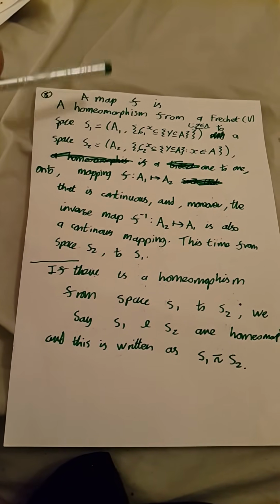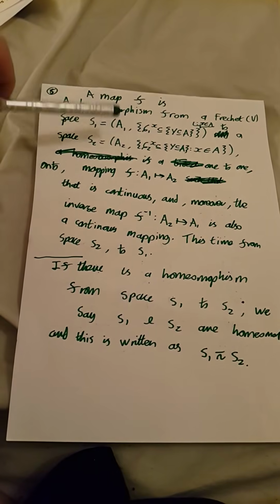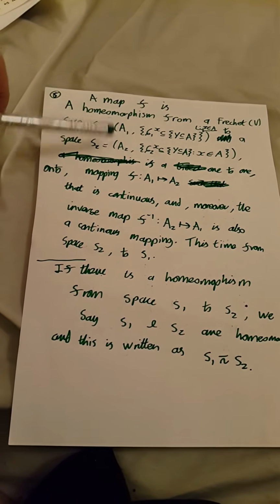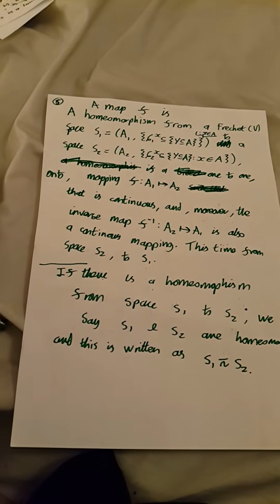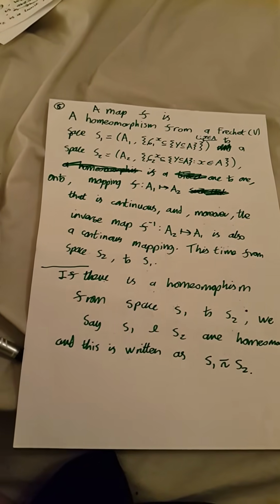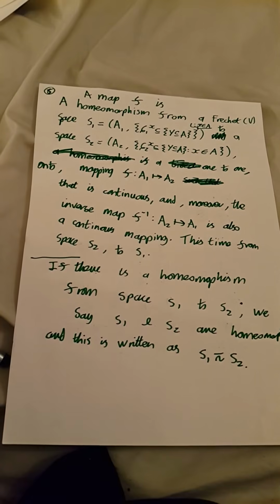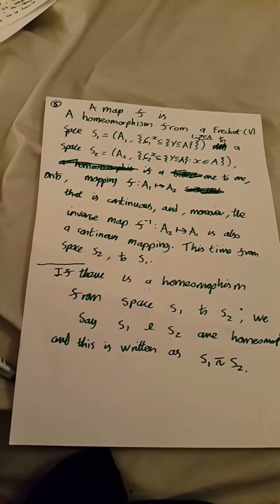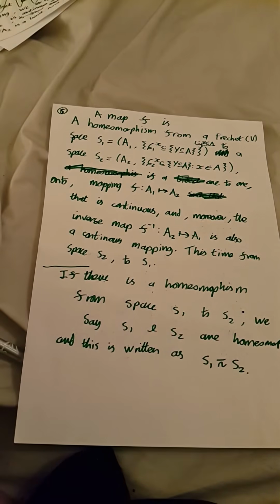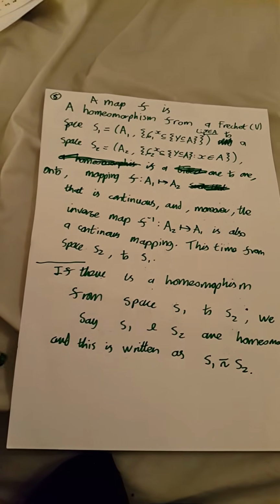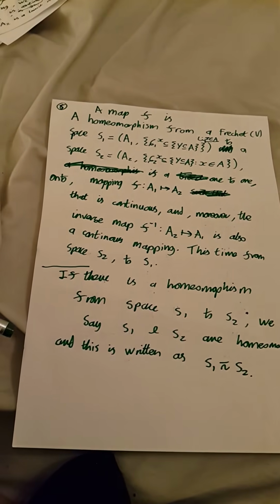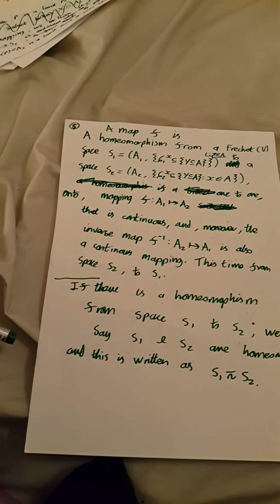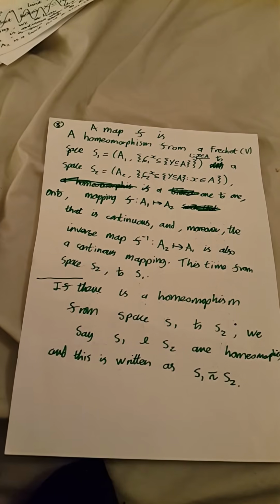So it's a one-to-one mapping from A1 onto A2, a one-to-one correspondence between the elements of these sets. And as I say, it's continuous, and it also has the property that its inverse is continuous. Now, if F is a mapping from S1 to S2 with those properties, a bijection that is continuous and whose inverse is continuous, then it is a homeomorphism.